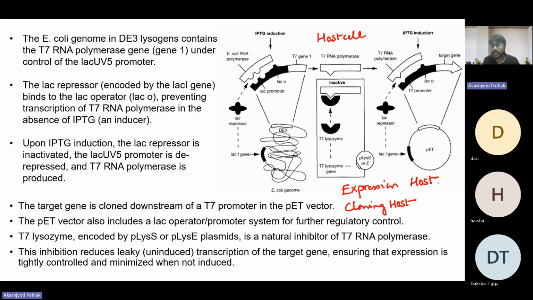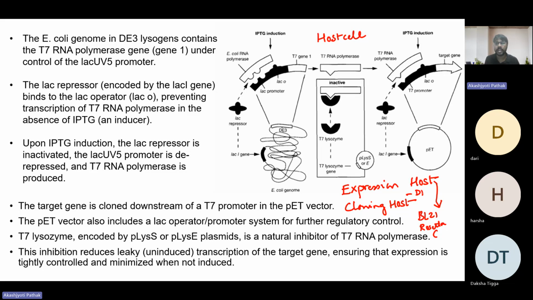There are different types of expression host E. coli available. You have BL21(DE3) cells, then Rosetta cells, then BL21 RIPL cells and BL21 RIL cells. So these are the expression hosts. But if it is a cloning host, there will be no expression of that protein.